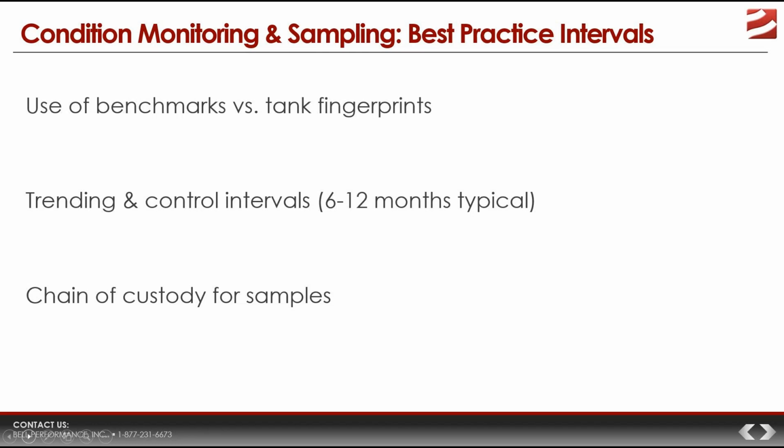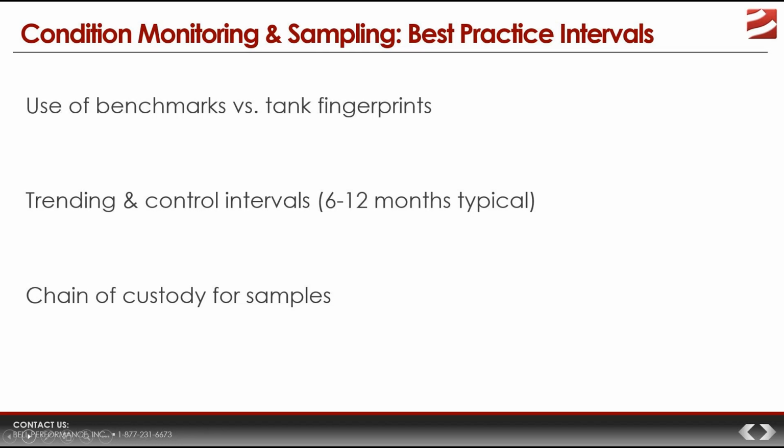For example, a general benchmark might be that if you're over 10,000 microbial units per milliliter, that typically indicates a problem. But when you get down to it, every tank environment is different. And 10,000 in one kind of tank might be a problem, but in another kind of tank, it might not be. Every tank in every place has a fingerprint.